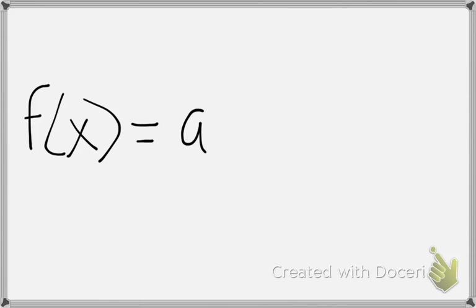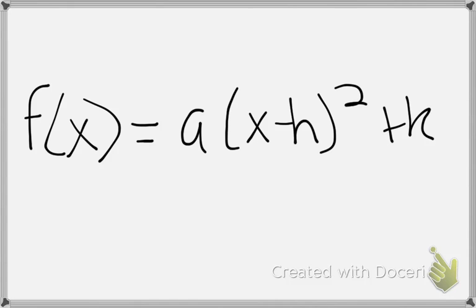Okay. The standard form of a quadratic function is f of x equals a times (x minus h) squared plus k. That's basically where a cannot equal 0, otherwise the whole parabola is ruined. So we've got that.